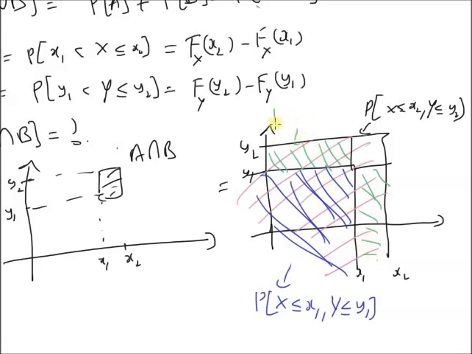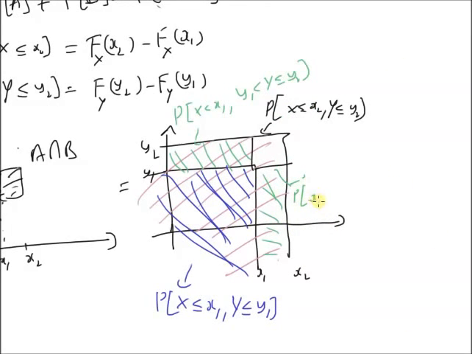So this one corresponds to the probability of x less than x1 and y between y1 and y2. And this one corresponds to the probability that x is between x1 and x2 and y is less than or equal to y1.